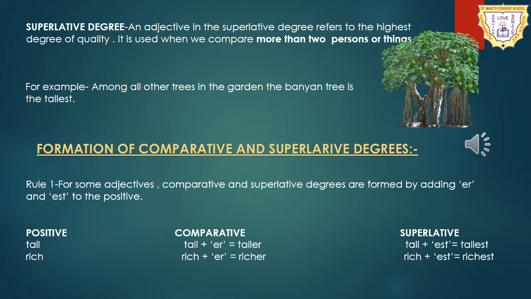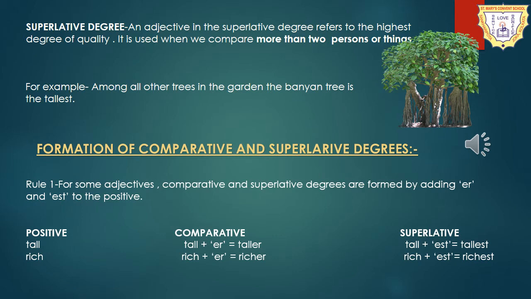Now we come to the third form of adjective, that is the superlative degree. An adjective in superlative degree refers to the highest degree of quality. It is used when we compare more than two persons or more than two things.